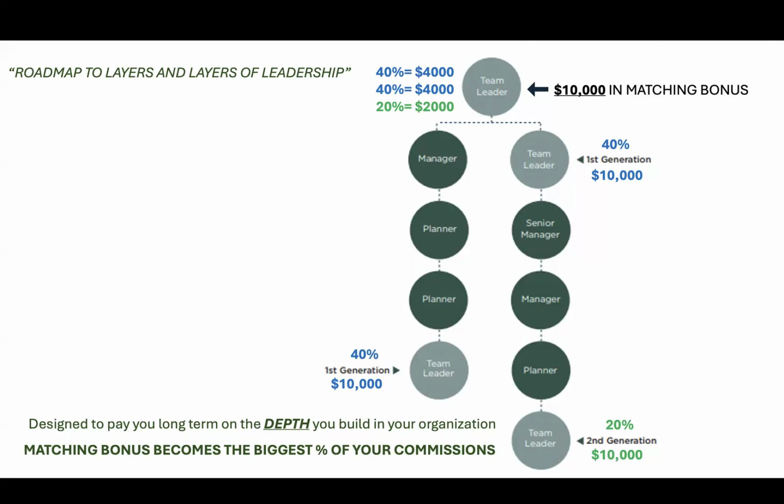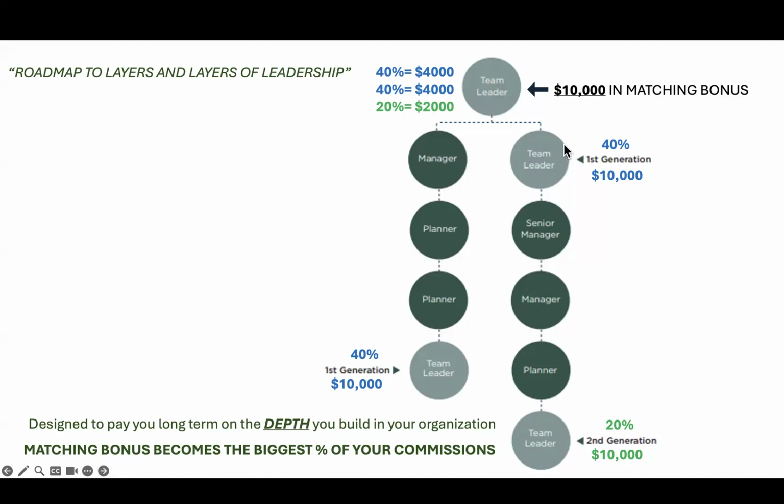I mean, they may need some assistance, but a team leader is at a place where they already know how to run their business, right? They have their open line business, they're generating 10,000 SP, and they're running their own business kind of automated, right?